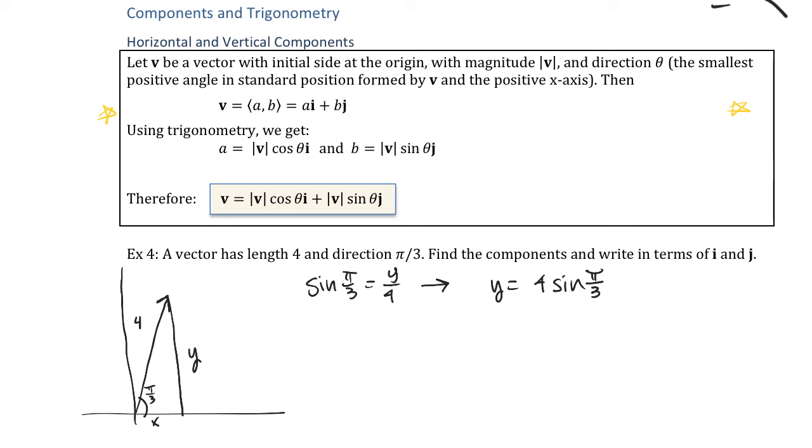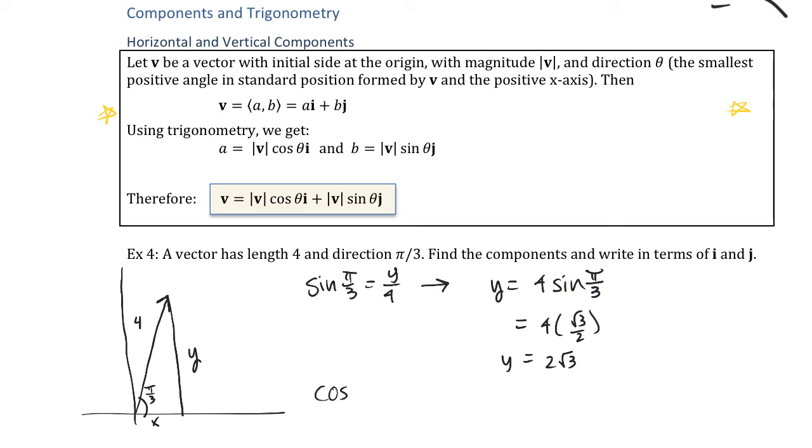And we could actually figure that out. Sine of pi over 3 is square root of 3 over 2, and then we're multiplying that by 4. So our vertical component is 2 square root of 3. And then we can do the same thing looking at cosine.